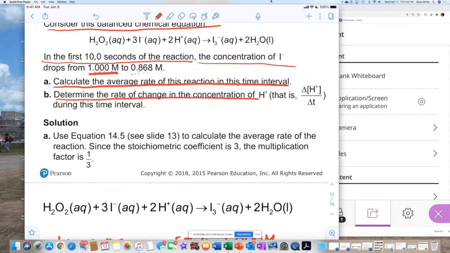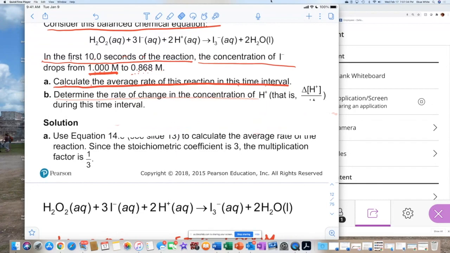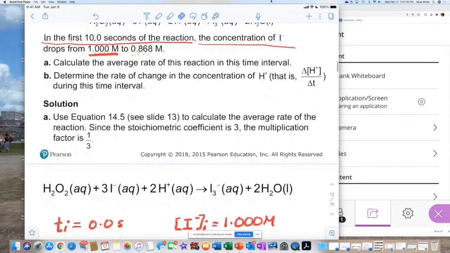So the rate of change of H plus is the same thing as rate of disappearance of H plus. Okay, they could ask you this way like they asked, or they could ask you this way and you'd be solving for the same thing. Okay, so I'll redefine this when we're covering that part. Let me do the first one first.